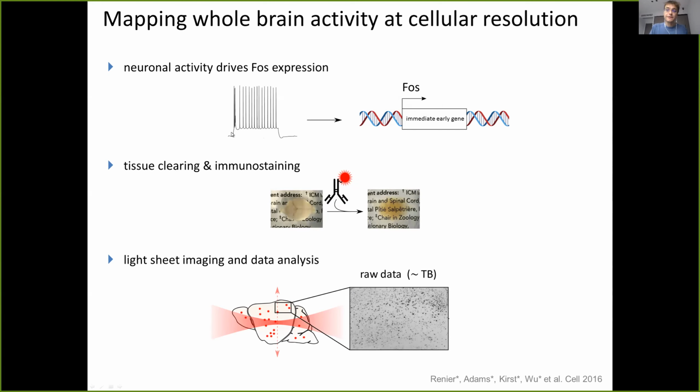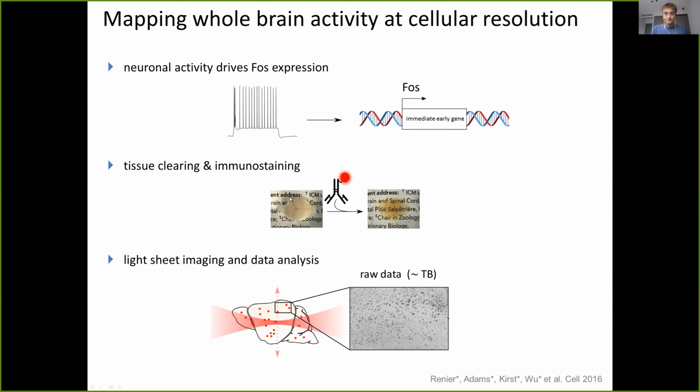We make use of the fact that neurons, when they become active, express what people call immediate early genes, and one of those genes is the c-Fos gene. So we had the idea that if we stain for c-Fos and then take the brain, clear it, and image it with light sheet microscopy, we will be able to get at least a snapshot of the brain activity, of how the brain was used prior to sacrificing the animal. For this, we had to solve two steps.